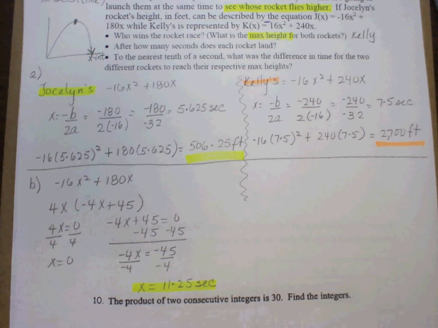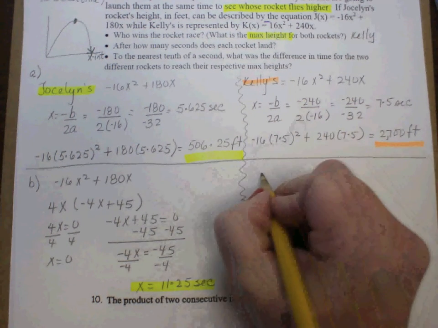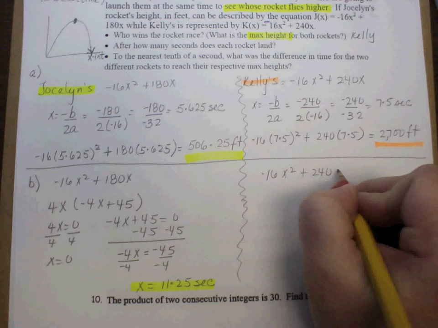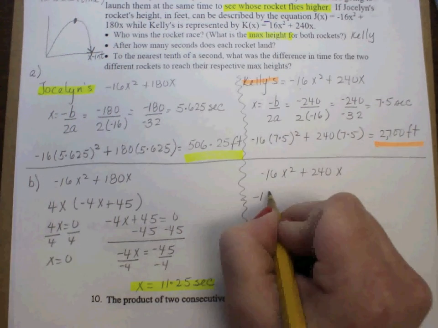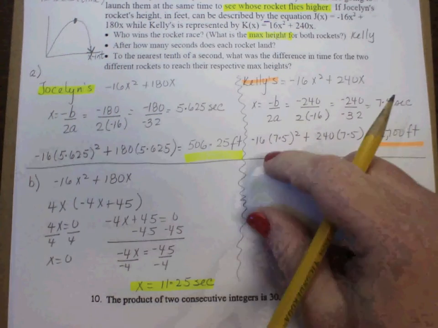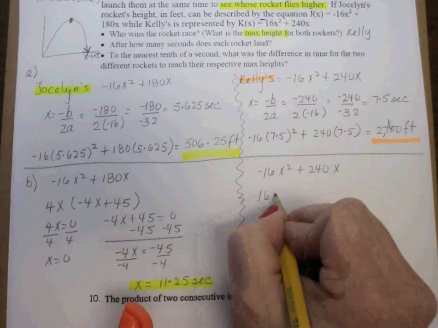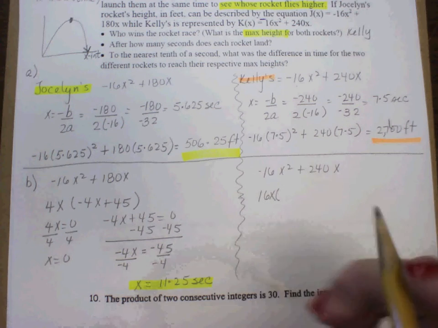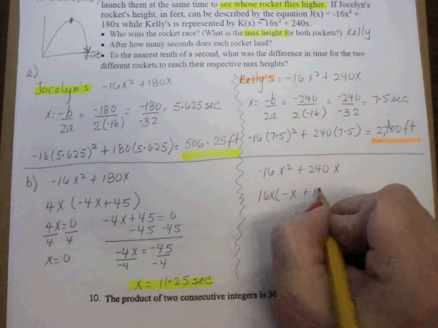All right, let's do Kelly's. Negative 16x squared plus 240x. All right, GCF would be 16. I'm sorry, not negative, but 16x, which means you got a minus x plus 15 over here. And, sorry, I forgot to put it equal to 0.